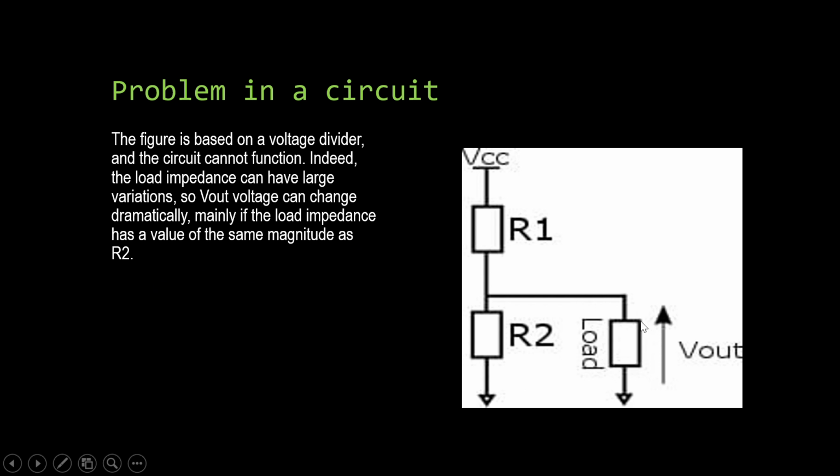It means that if the resistance of the load is comparable with R2, then every time the load resistance changes, the V output will change and hence will vary all the time. This is something we need to prevent from happening.